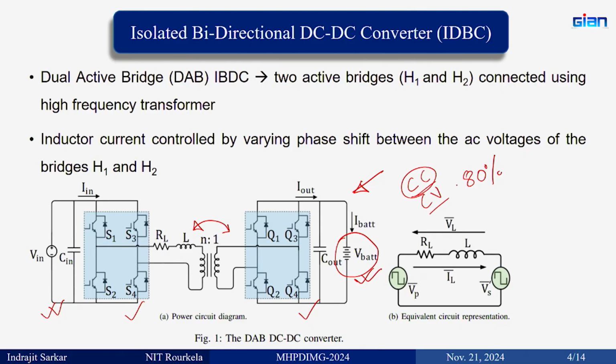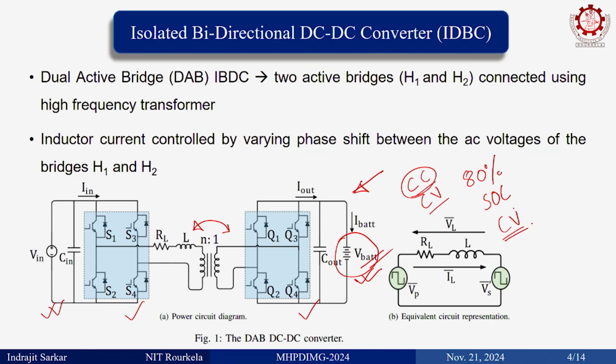You charge at constant current up to 80% of SOC, otherwise if you continue, the battery could be overcharged. So, at 80% of SOC, you move to constant voltage charging.